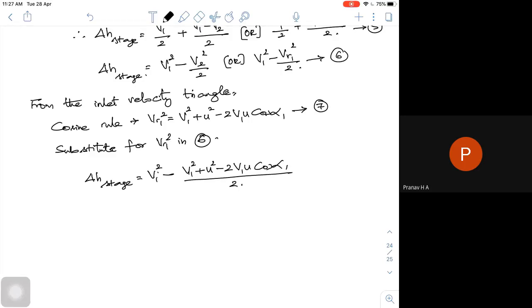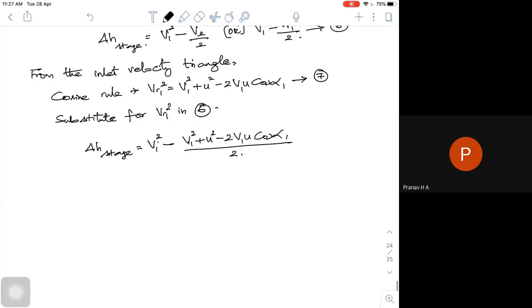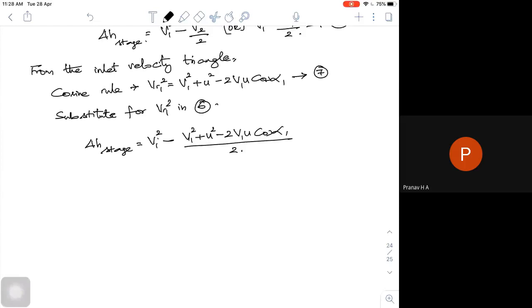Now if I take 2 as the LCM, what will happen? This is in the bracket. If I take 2 as the common denominator, this will be 2V1 square minus V1 square.